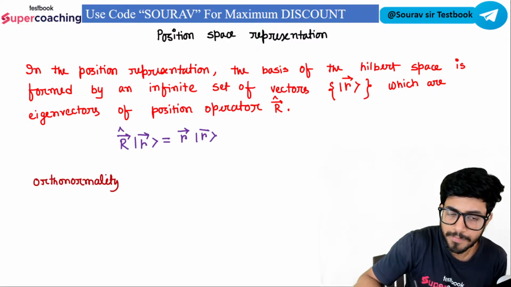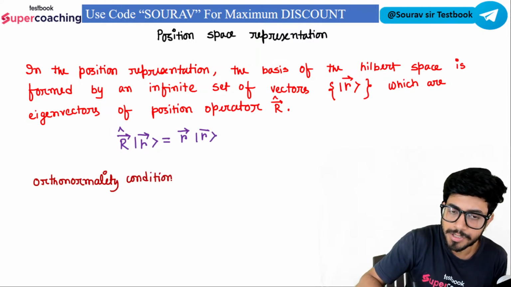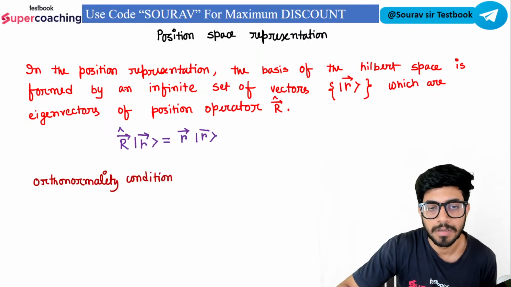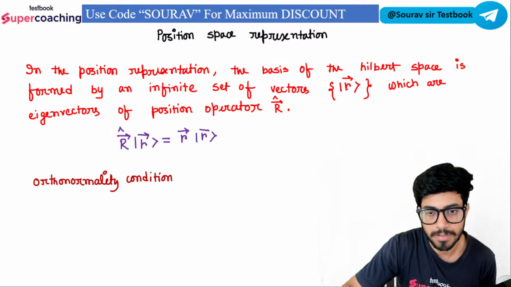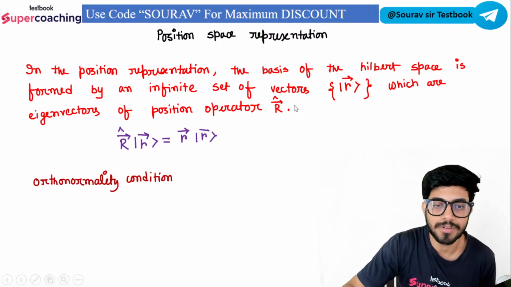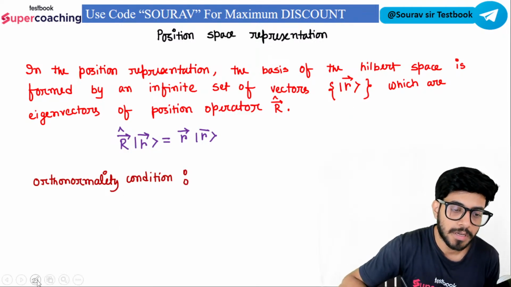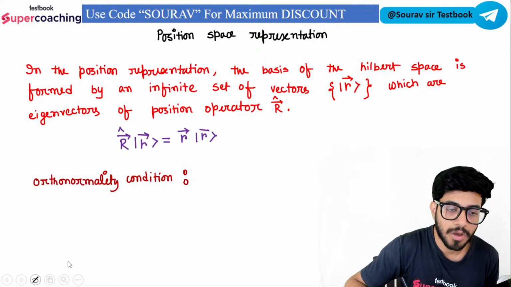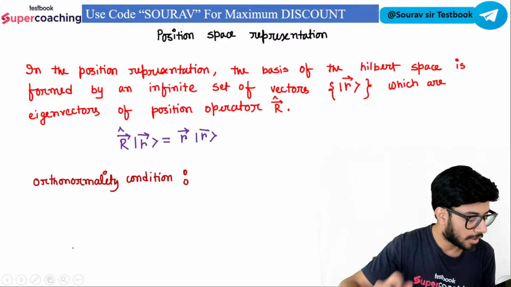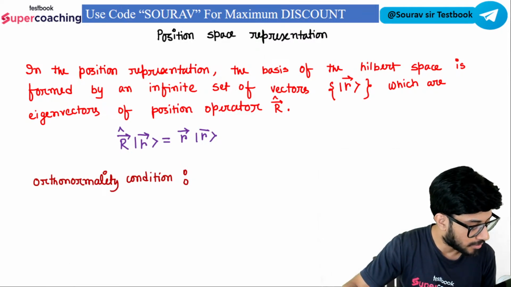The basis of the Hilbert space is formed by an infinite set of vectors which are eigenvectors of the position operator. Orthonormality condition means all the vectors are mutually orthogonal and they are normalized to unity.